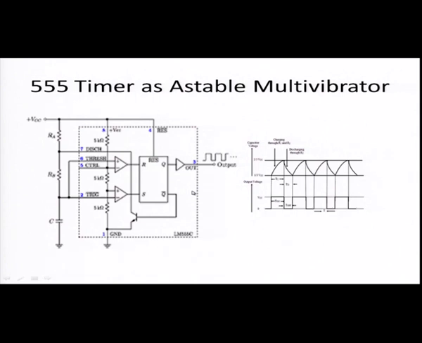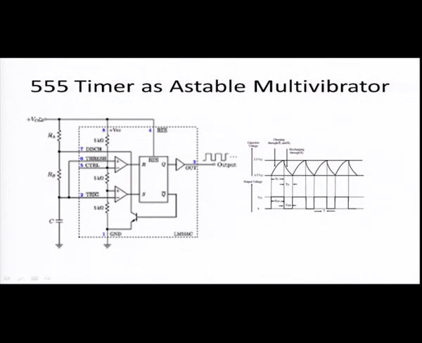Since it is an oscillator, there is no external input present at the input terminals of the astable multivibrator. It is going to produce a positive pulse and a negative pulse, pulse high, pulse low, a series of these pulses without any input signal.